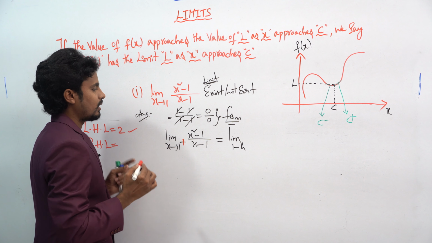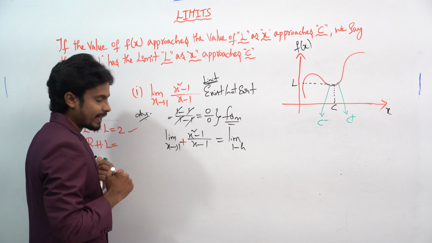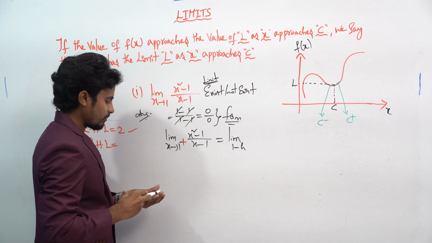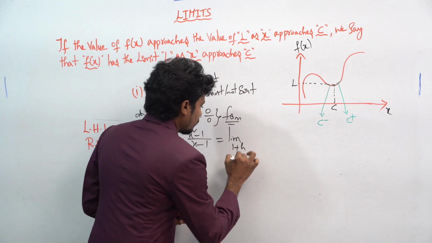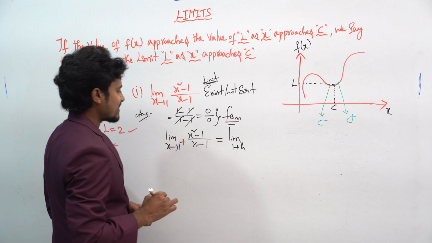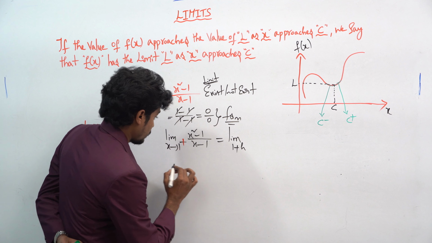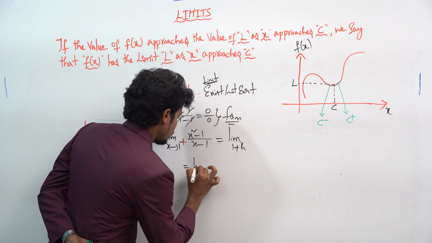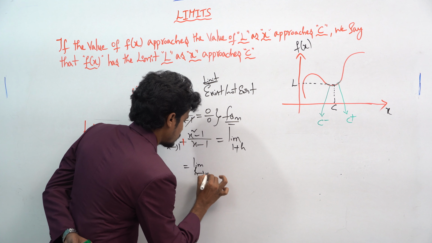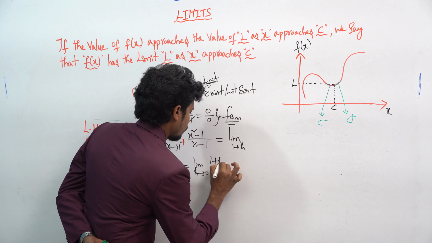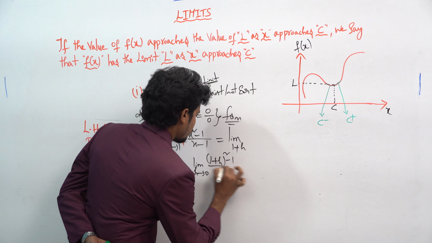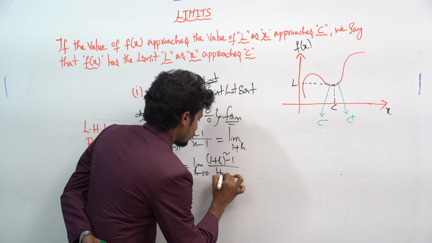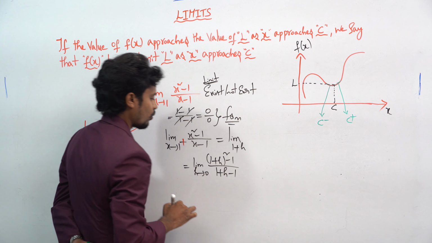Why? Because now we have to find the right hand limit. So this will become the limit 1 plus h. Here this be the limit h tends to 0 of 1 plus h whole square minus 1 divided by 1 plus h minus 1.